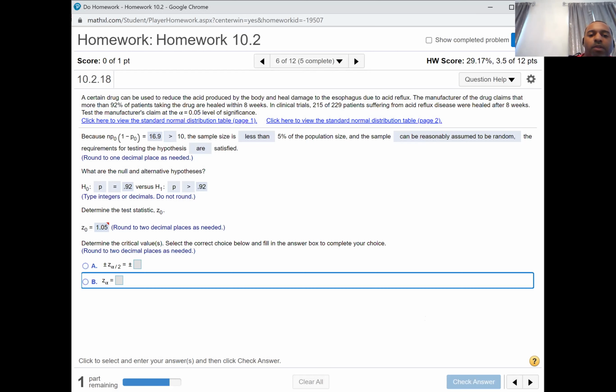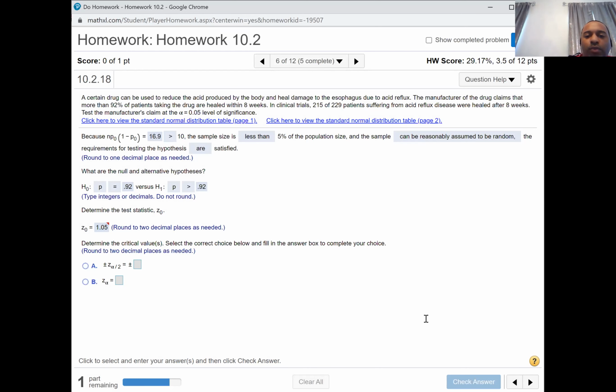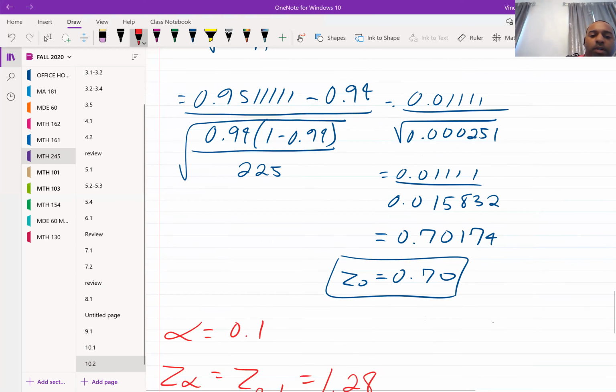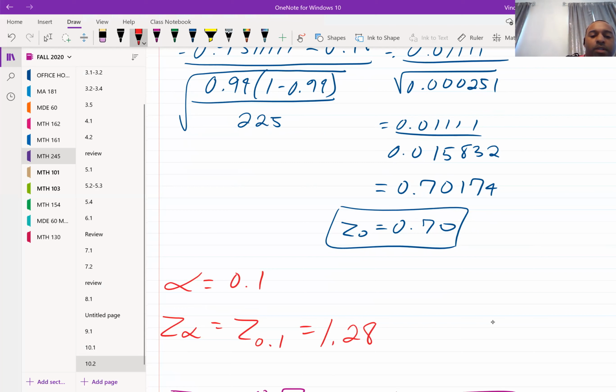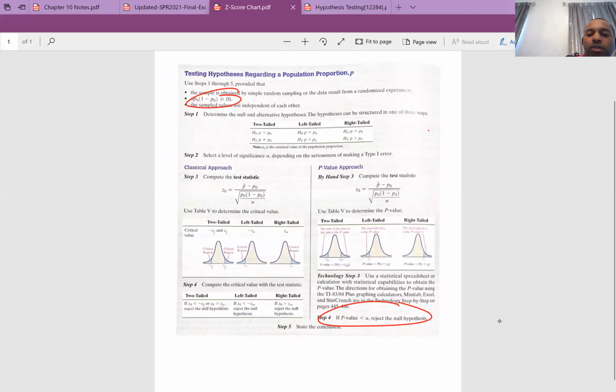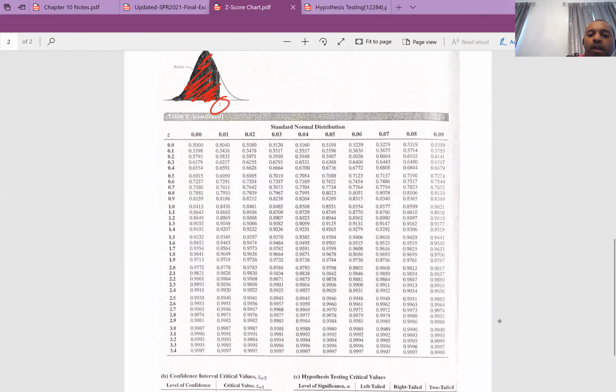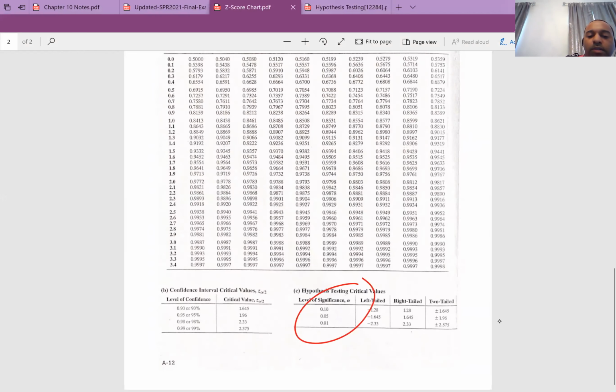So now, notice this one asks us for our Z alpha. That means they're actually going with the classical approach. When you see that, for us, alpha was 0.1. If we want to know Z alpha, we go to our other chart, our Z-score chart, and come down here.